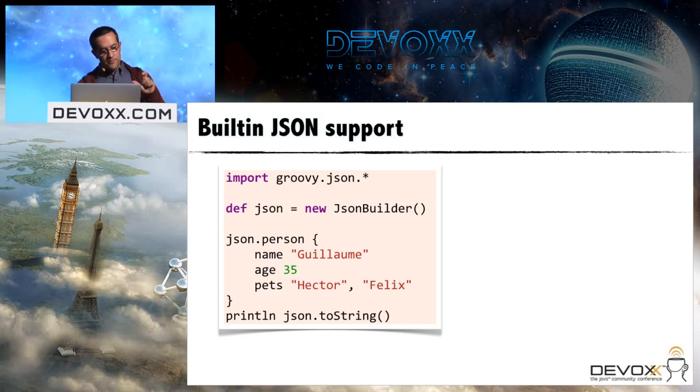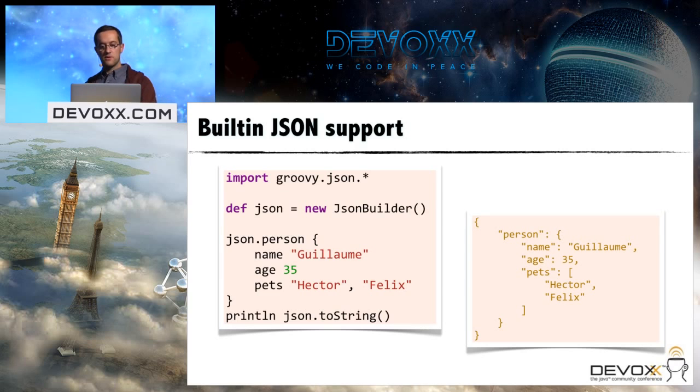And I define a new object inside the curly braces with name as a key, Guillaume as a value, etc. And pets, Hector and Felix, is going to create a key pets and a JSON array containing 2 pets. And then I can call toString to print the JSON representation, and that's going to create the equivalent JSON content that you see here. Actually, it's not pretty-printed by default, so it's everything on a single line.